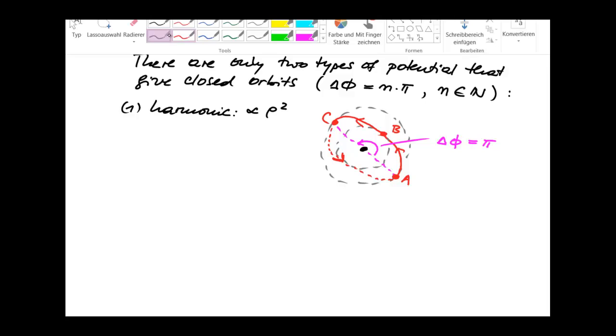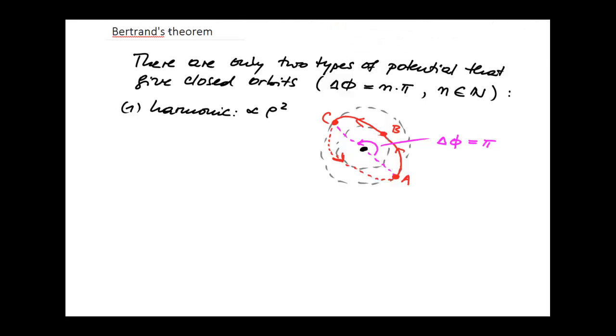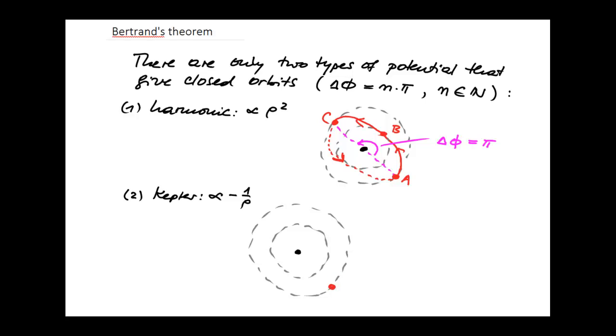The second type of potential where you have a closed orbit is the Kepler potential. Here the situation is the following. I draw again the center of the potential, the inner circle and the outer circle. The starting point is point A on the outer circle.